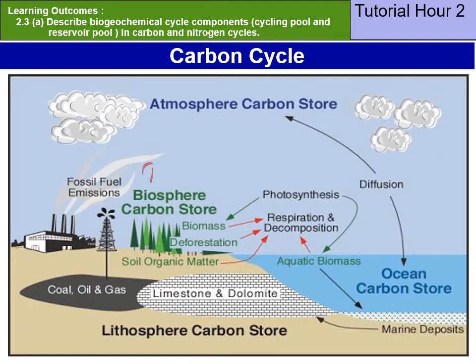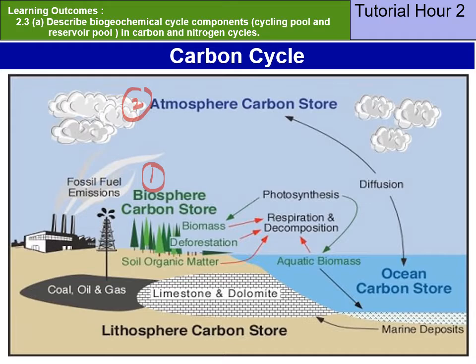So biosphere carbon store, pertama ini, is in living and dead organisms in the biosphere. The second one is as the gas. Di mana tu? As the gas, so dekat atmosphere lah. As the gas carbon dioxide in the atmosphere.